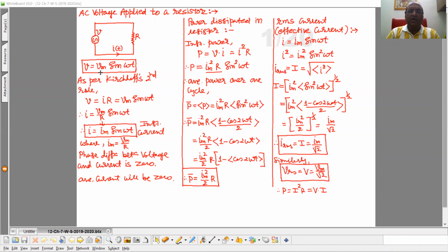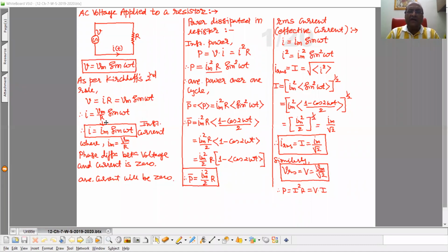Now AC supply voltage V is Vm sin omega t. As per Kirchhoff's second rule, if current I is flowing through resistance R, then V equals IR, and V is Vm sin omega t.